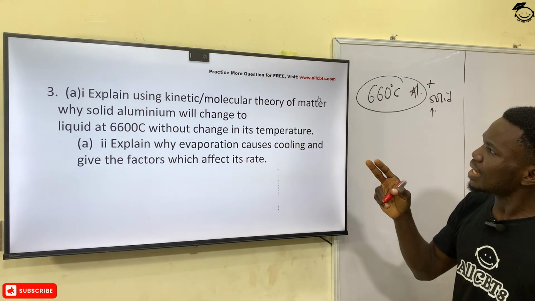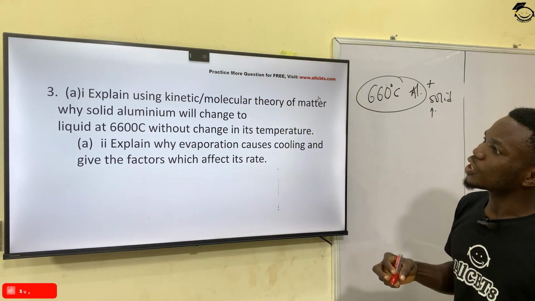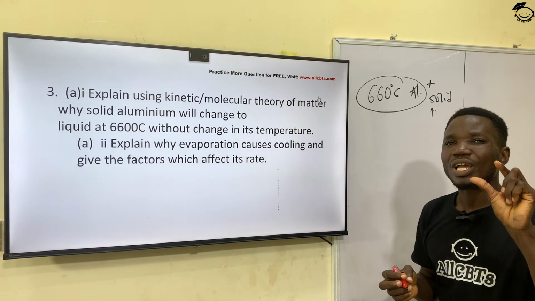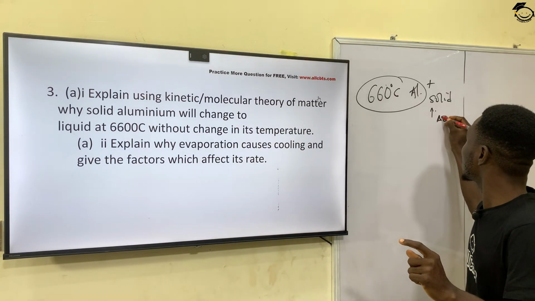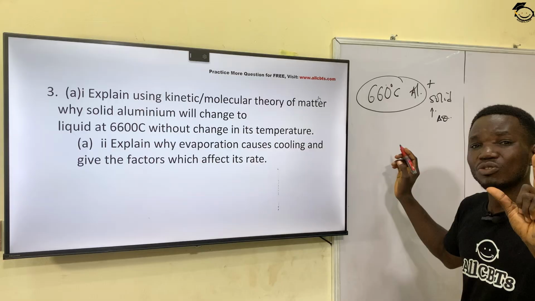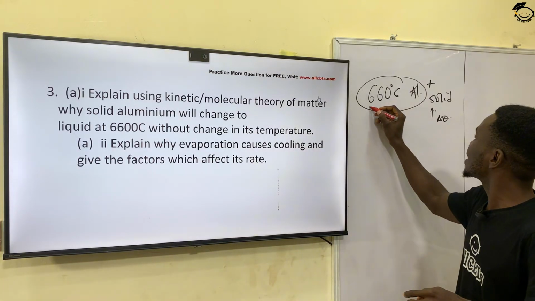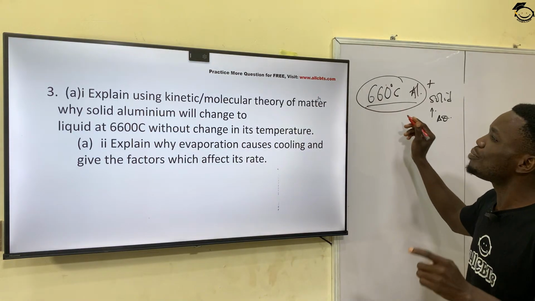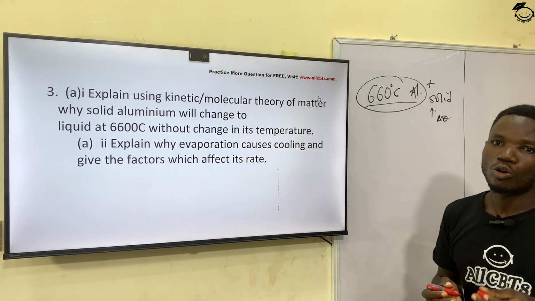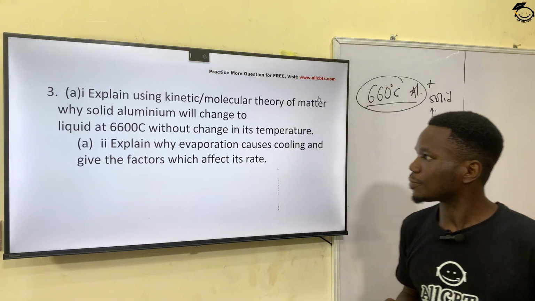So the temperature remains constant, because there is no change in temperature at that time. Any additional heat added just completely melts all of the aluminium to its liquid state.